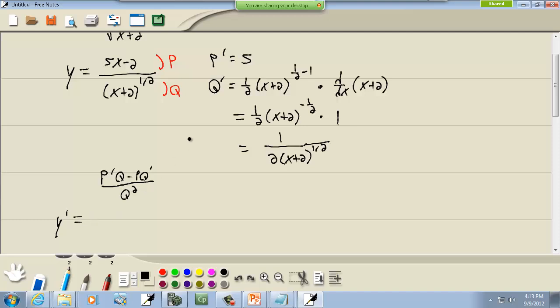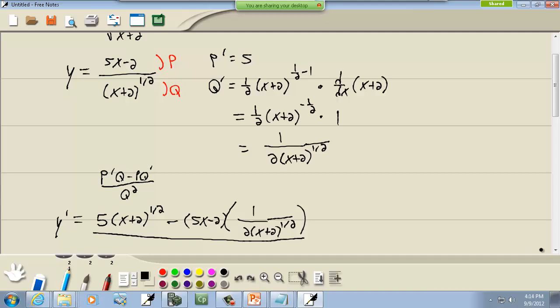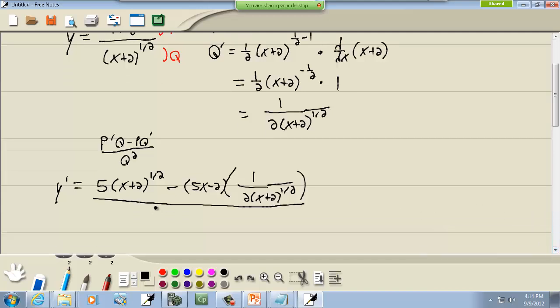P prime was 5. Q is x plus 2 to the 1/2, minus p, which was 5x minus 2, times q prime, which is 1 over 2 times x plus 2 to the 1/2, all over q squared, which was the x plus 2 to the 1/2.